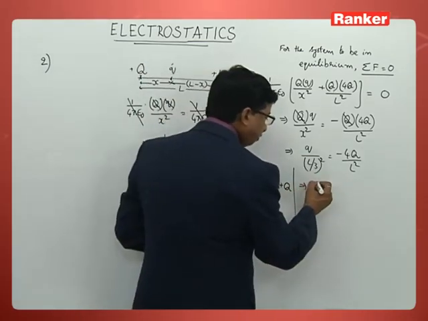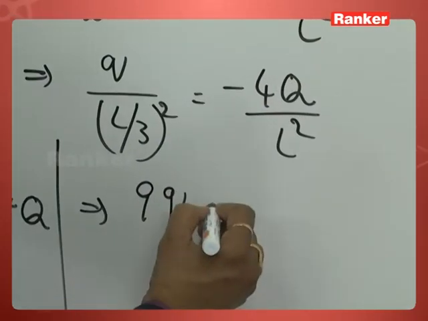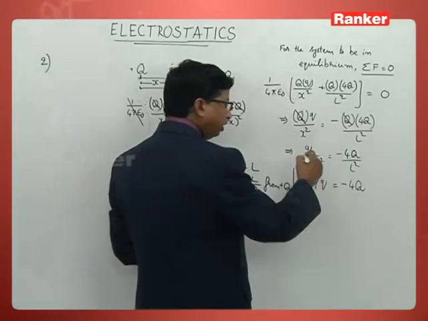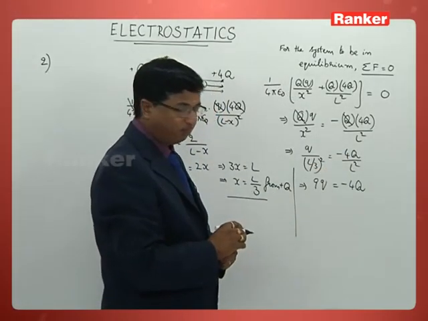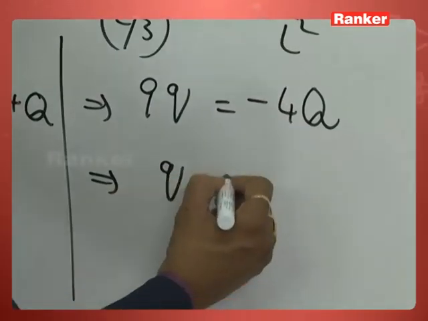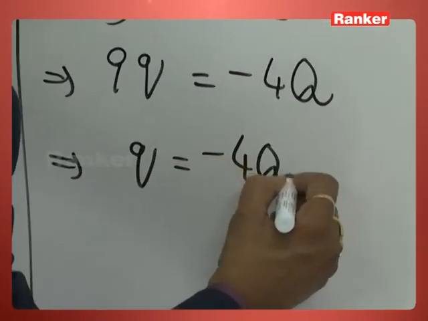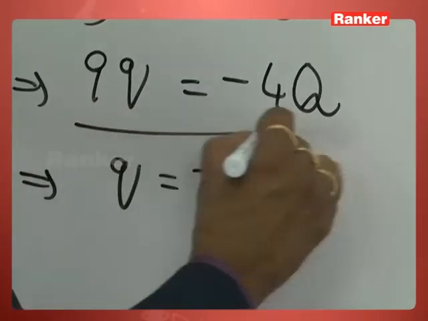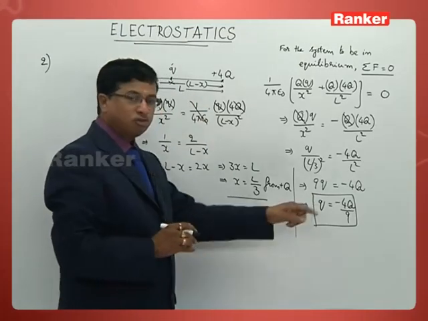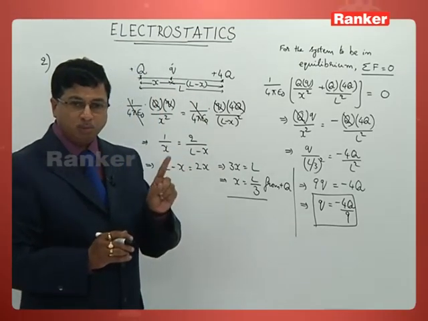So automatically this becomes 9 small q is equal to minus 4 capital Q, because L square gets cancelled. What is the value of q, the question? So q must be minus 4Q by 9. So the magnitude of this charge q here should be minus 4Q by 9.